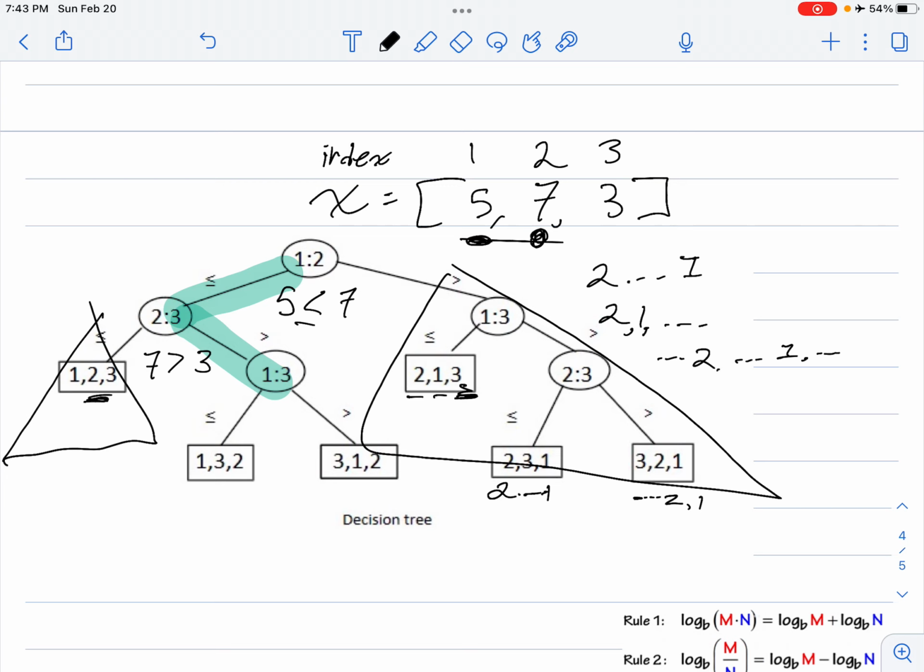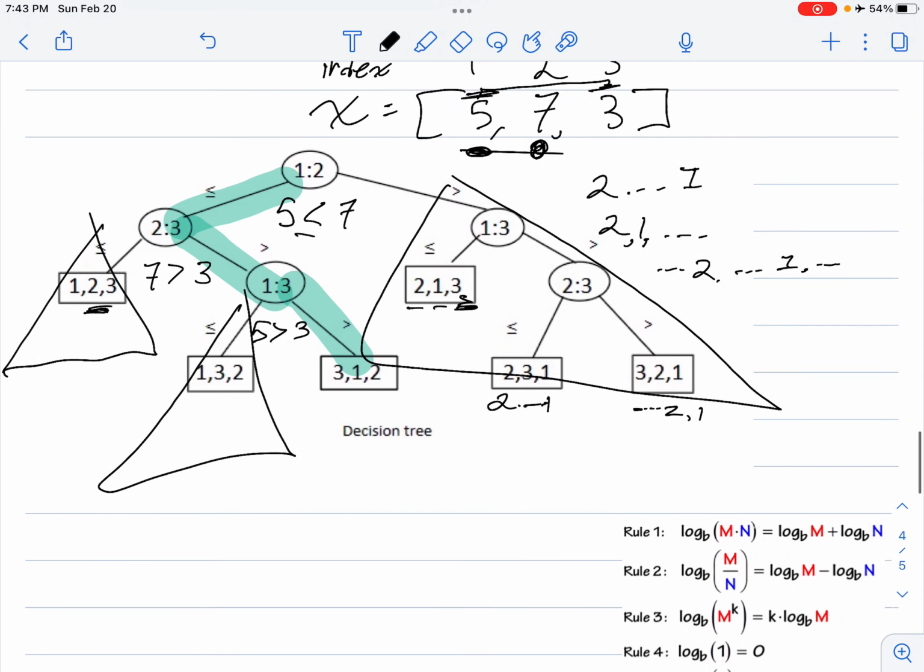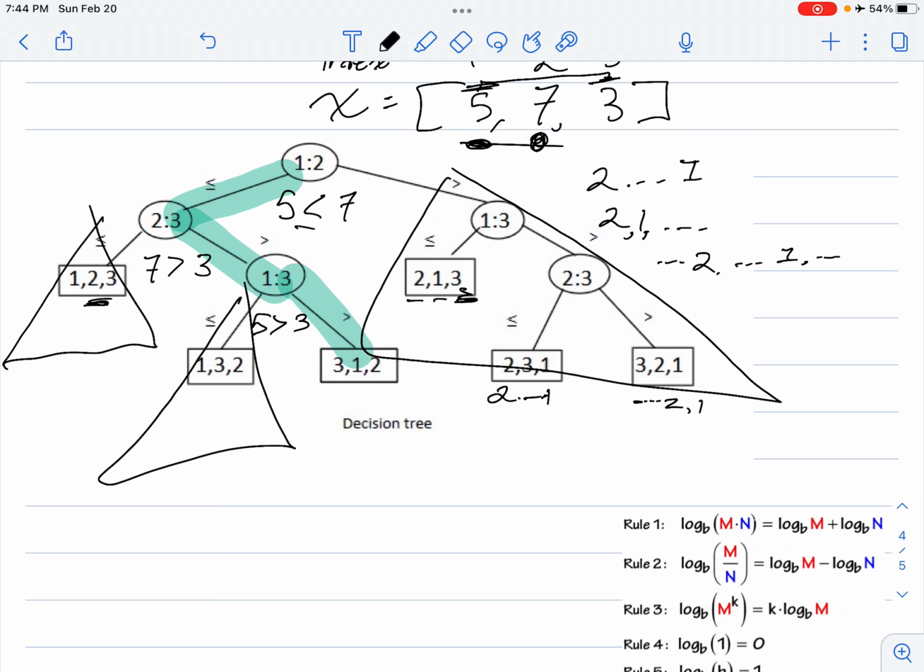And then finally, we need to sort out 5 and 3, right? Index 1 and 3. 5 and 3, well, that opens to 5, right? So now we come down this tree, and we've cut out this whole subtree, right? Now, the triangles represent whatever bigger subtrees these would be if this was a higher dimension. Now we end up here.